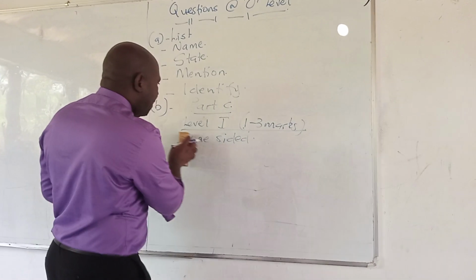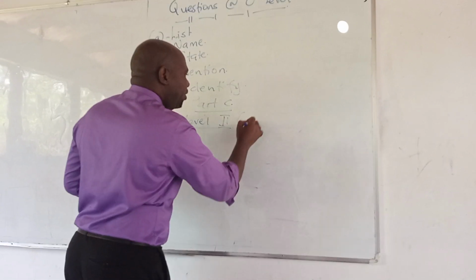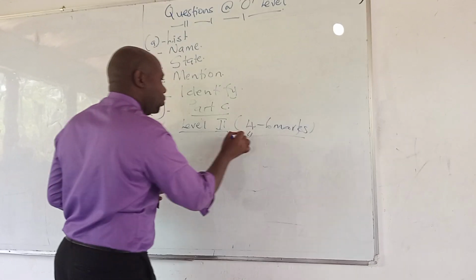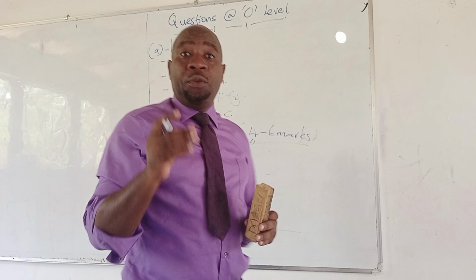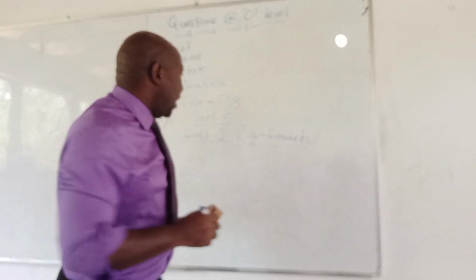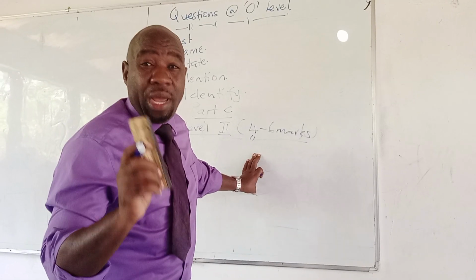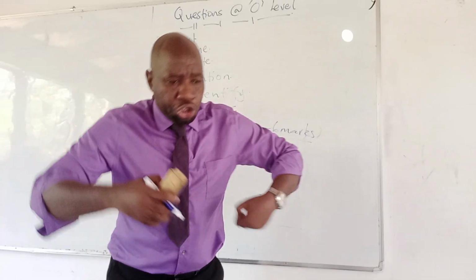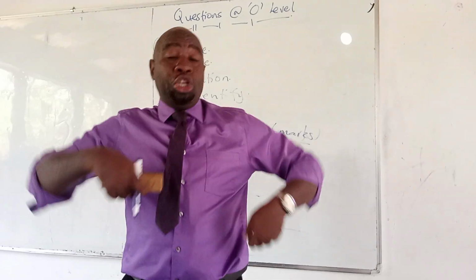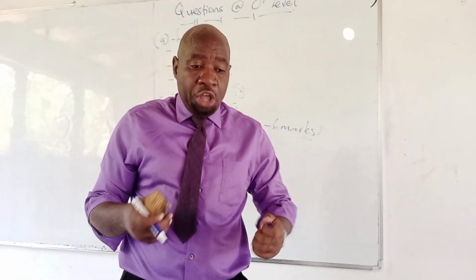Let's move on and talk about level 2, 4 to 6 marks. If you write an answer without judgment, for example, to what extent was Germany responsible for causing World War I? You say that Germany was responsible because she started the alliance system. Germany was also responsible because she gave Austria-Hungary a blank check. Then you skip one line.